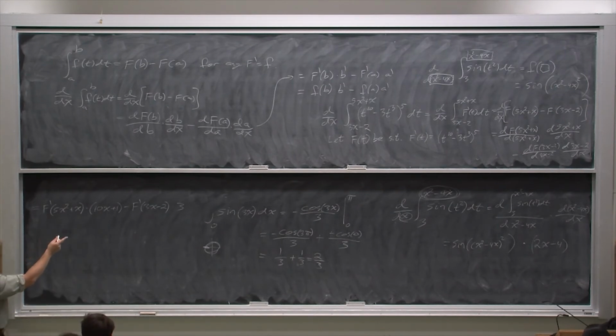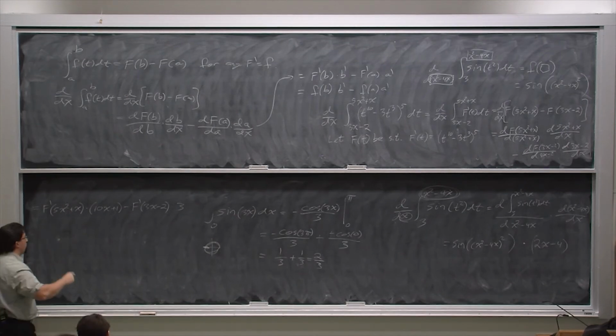But big F prime, we have it over there, right? It's t to the 10 minus 3t cubed all to the 5th.